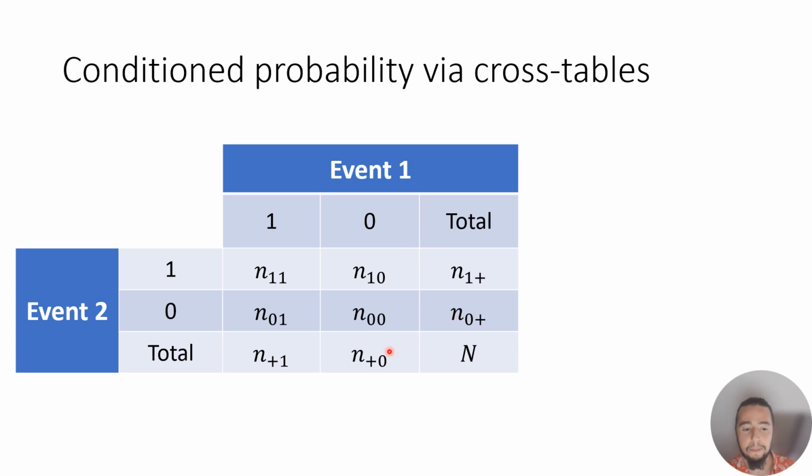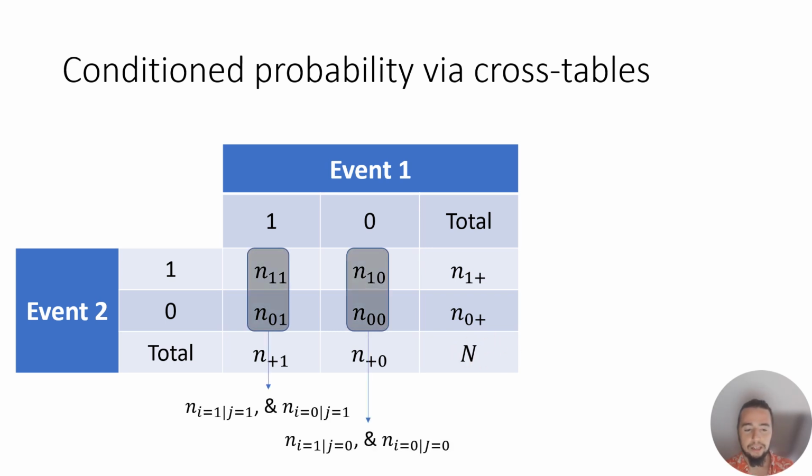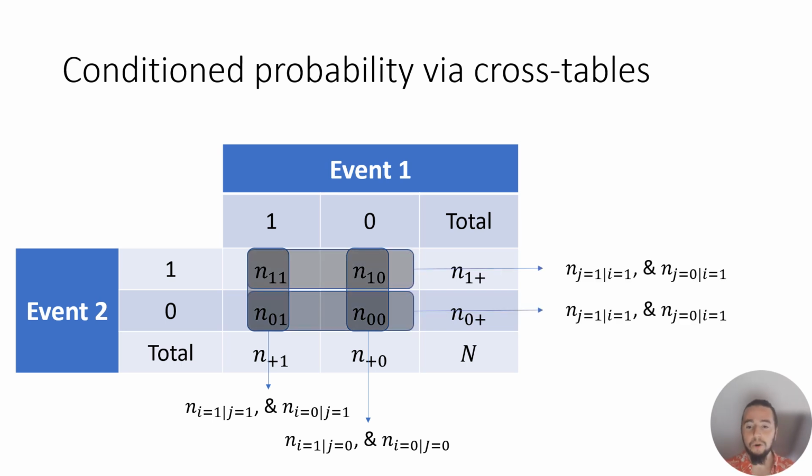And we have the marginals here, that is the amount of all the times that event 2 has been 1 and has been 0, and also for event 1. And we have the total number of repetitions of a random experiment. So here are our conditioned proportions, or our combined proportions, by row or by column.